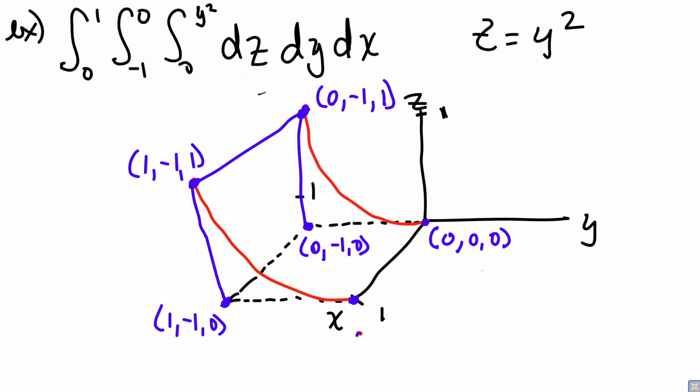One, 0, 0. Okay, so we've got all these points labeled, all right? Now, we need all these things to help us with what we're getting ready to do next.